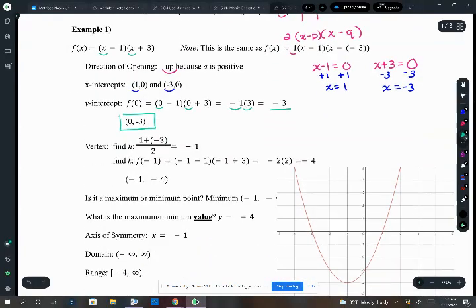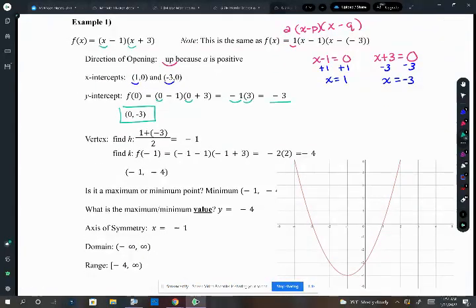And then to find our vertex, we're doing the midpoint. So again, notice that we've got our points from negative 3. This is just another way to look at it. Negative 3 to 1. So the distance between that is 4, right? So there's 4 spaces here.